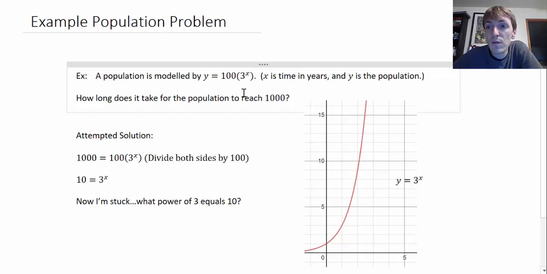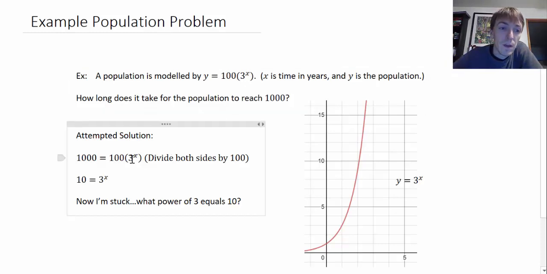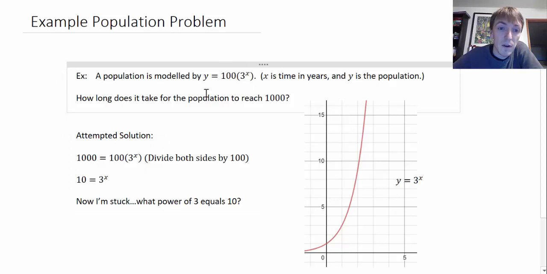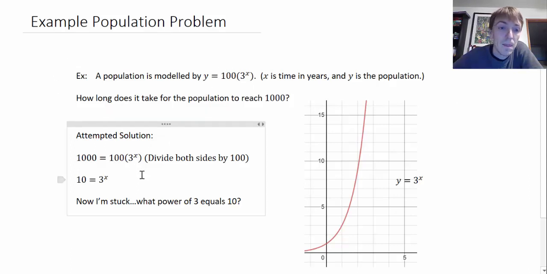So I set up 1,000, which is y, equals 100 times 3 to the x, just plugging in y equals 1,000 in the previous equation. Now the first step is easy enough. If I want to get x by itself, I could start by dividing both sides by 100, and I get 10 equals 3 to the x.